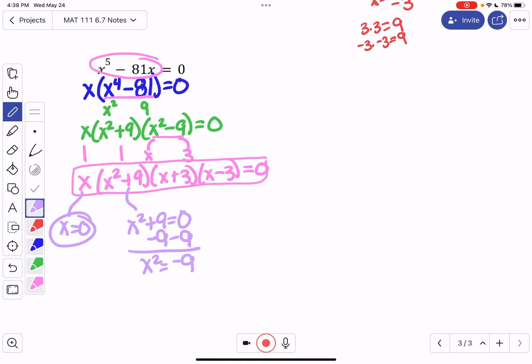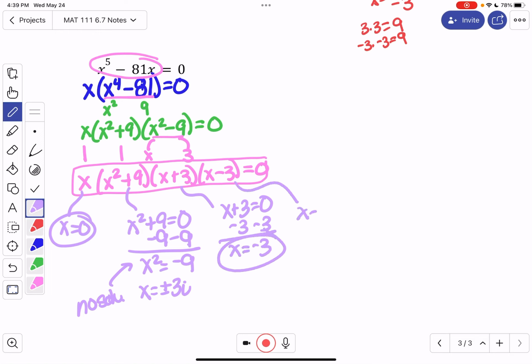You are going to see in the future that you would get something called a complex number. For this section, you just have to say, hey, we can't do it. No solution here. Then we do x plus 3 equals 0. Subtract 3 from both sides. And x minus 3 equals 0. And that gives us positive 3.